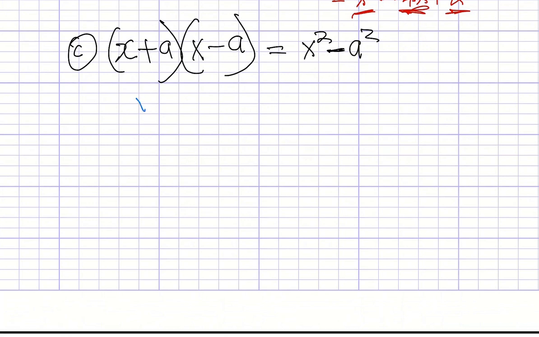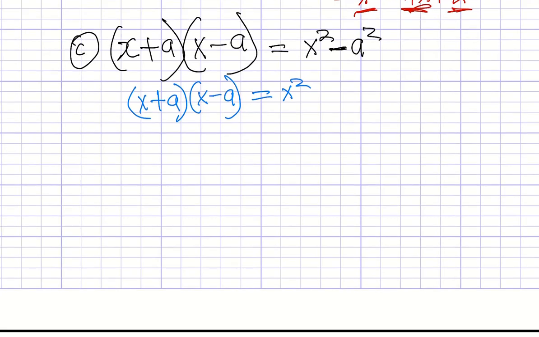You have x plus a times x minus a. You use FOIL. x times x is x squared. x times minus a is minus ax. a times x is plus ax. a times minus a is minus a squared. You see that, right? This cancels that, and then you get x squared minus a squared. You see how they got that, right?